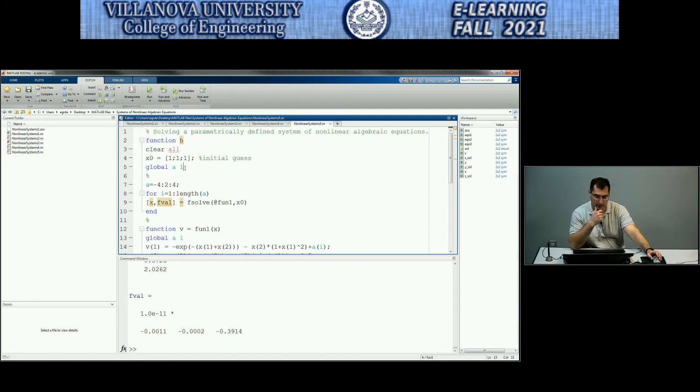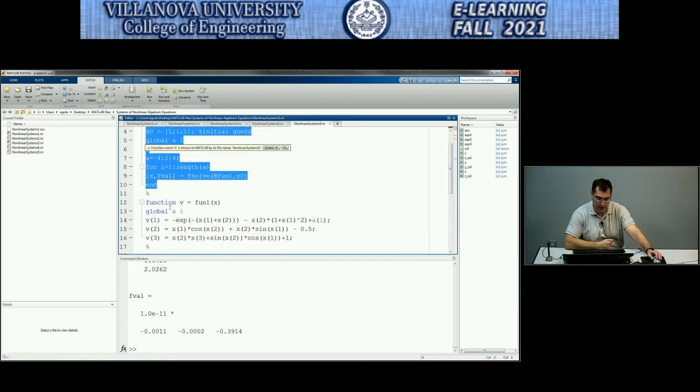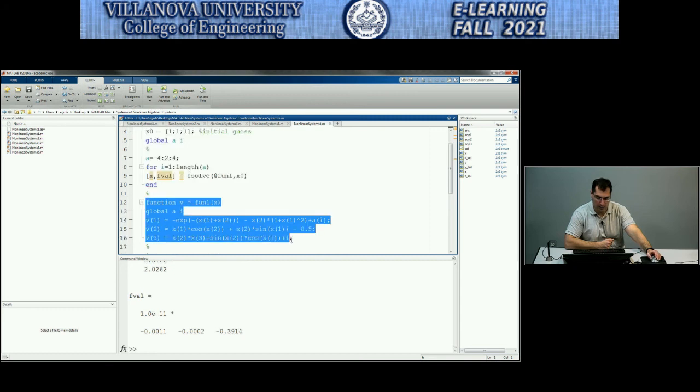The advantage of declaring something as a global variable means that when MATLAB jumps from one subroutine to another subroutine, and by subroutine I mean this function, what I call here h, and function v, those are called subroutines. So when MATLAB jumps between them, it knows the values of certain parameters.